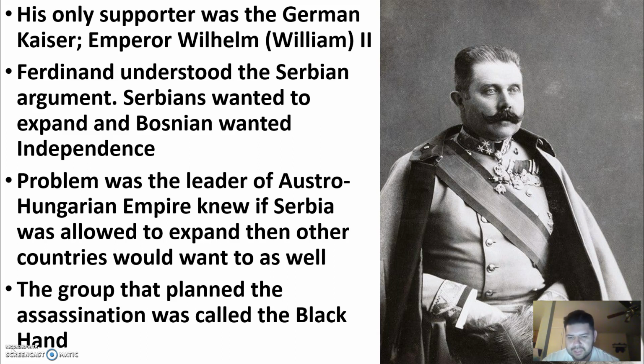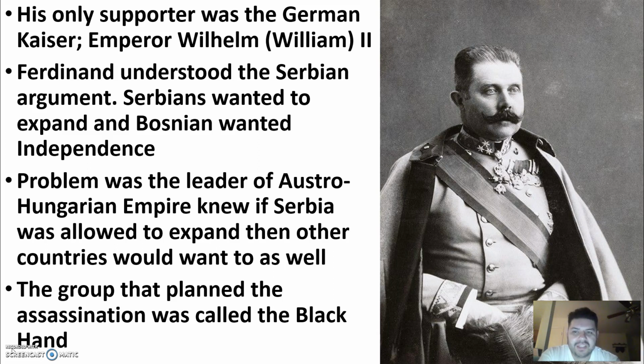Like I said, the uncle, he knew that if Serbia was allowed to expand, then other countries would be like, well, we want that too. And if Bosnia, let's say, gained their independence, then other countries that they have will basically say, well, we want our independence.